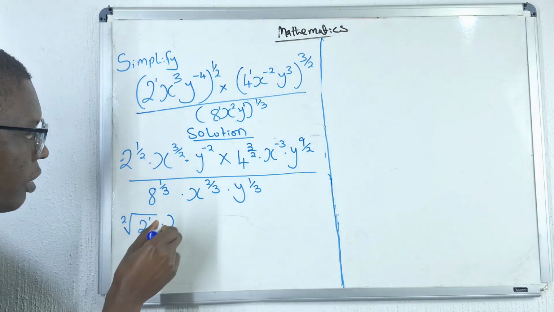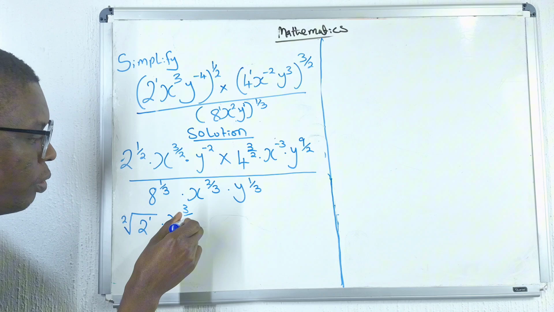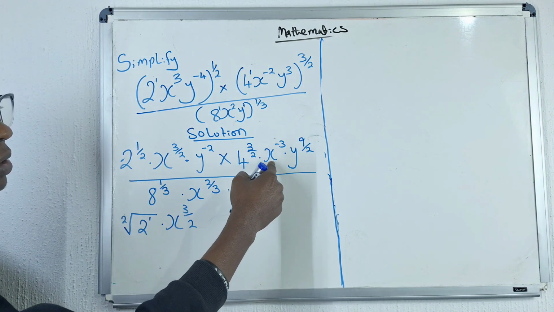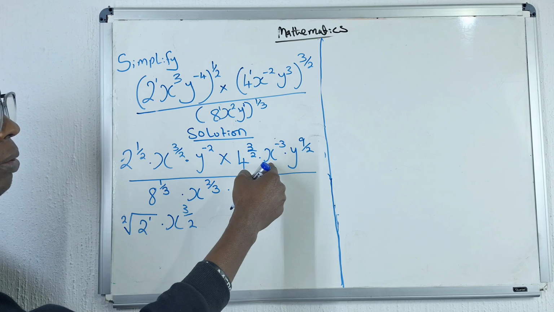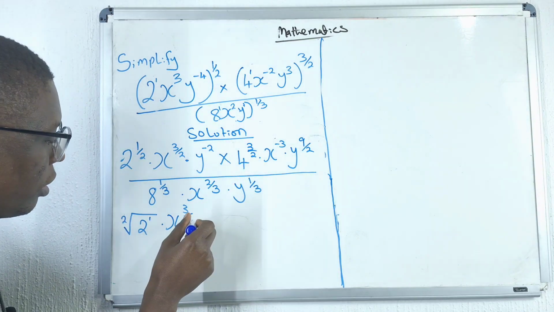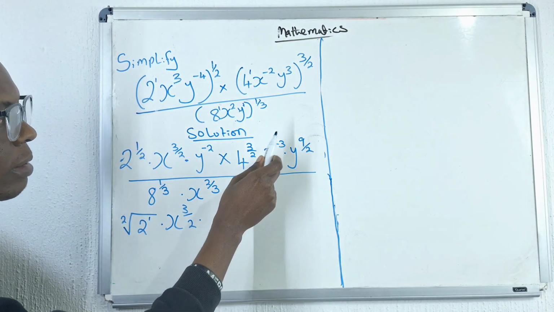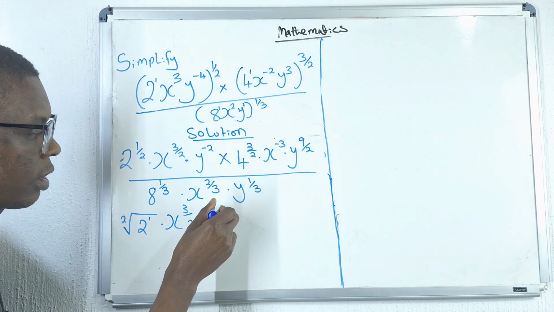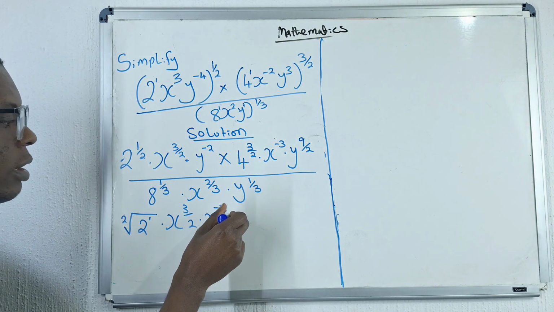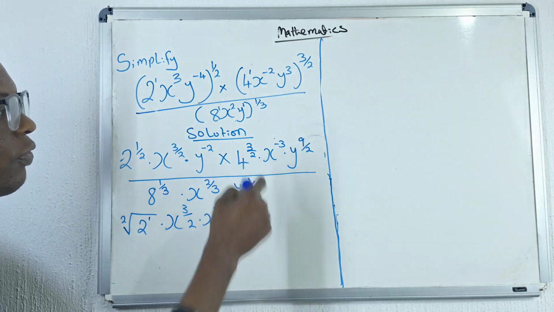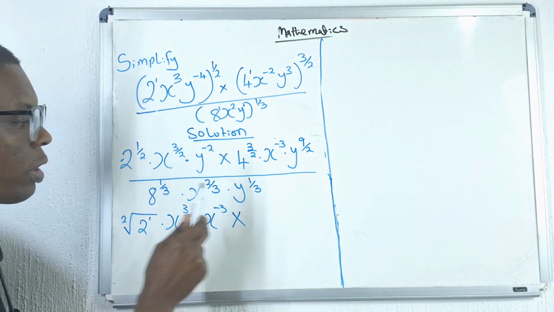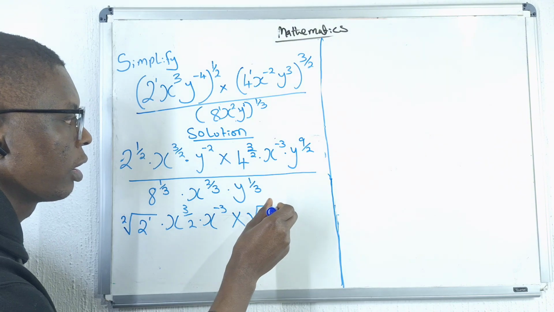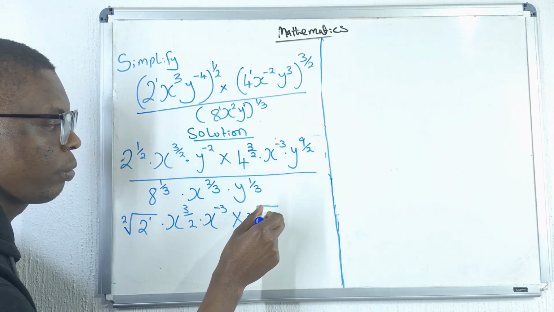I have my x raised to power 3 over 2, and I want to collect like terms together at once, so I will bring this x raised to power minus 3 here. Times, now this 4 raised to power 3 over 2, we'll also repeat the same thing we did here to it. So I will have my root, now my base will be in.